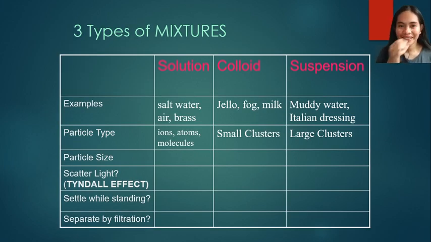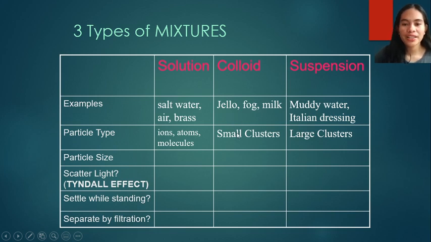Again, the three types of mixture: solution, colloid, and suspension. We have examples: salt water, air brush for solution; jello, fog, milk for colloid; and muddy water and Italian dressing for suspension. Particle size is very small in solution, medium in colloid, and large in suspension.